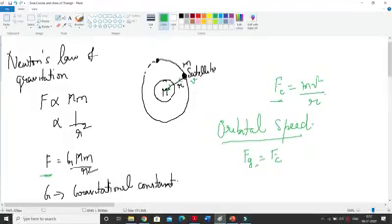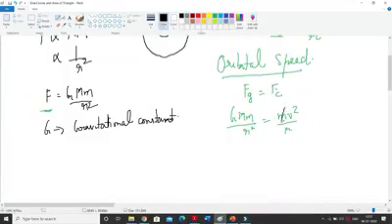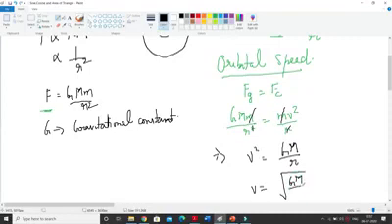Gravitational force is GMm over r square. Fc is mv square over r. So m gets cancelled out, and one r gets cancelled out. So v square is GM over r, and v is equal to the square root of GM over r.